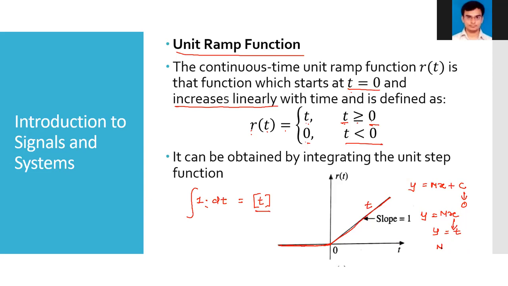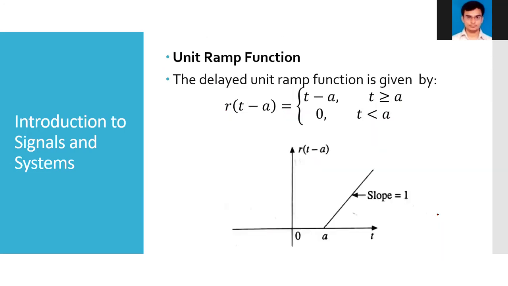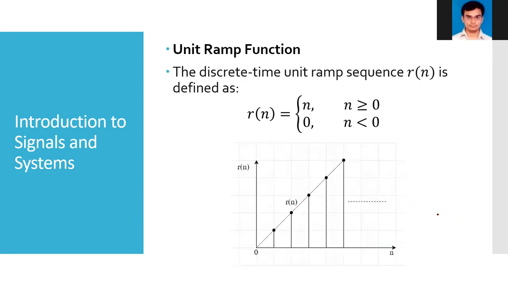So m is equal to 1. That's why you can say that the slope is 1. This is the shifted one, which I will discuss in the second question. This is the unit ramp function.